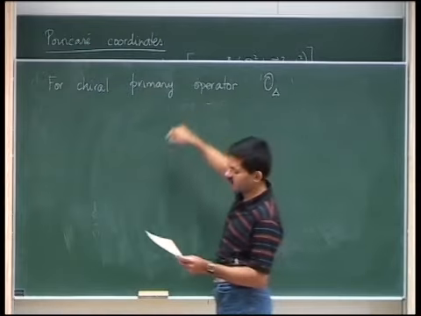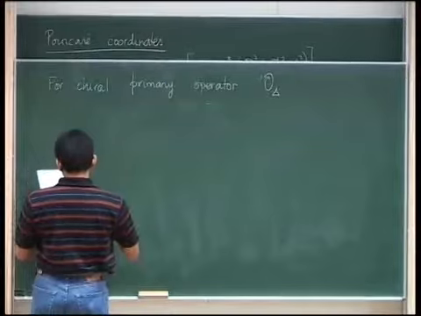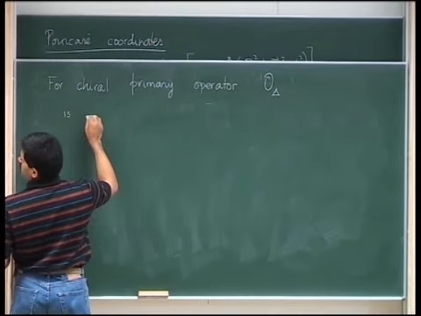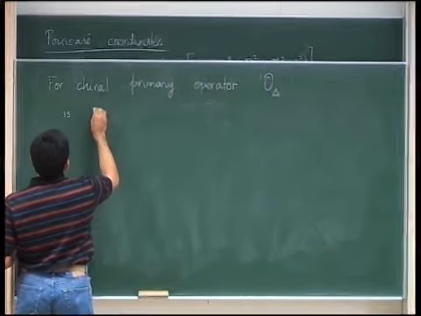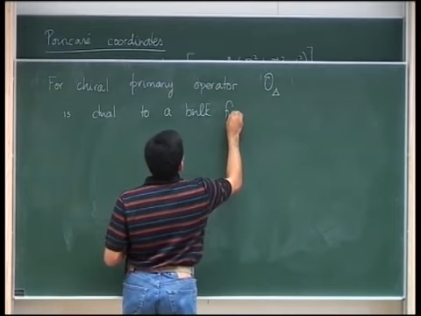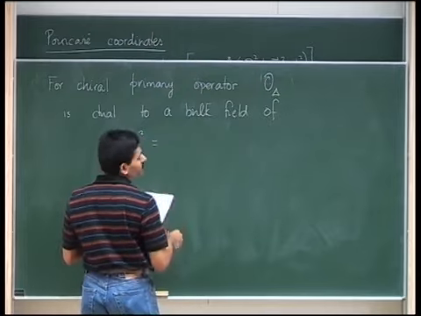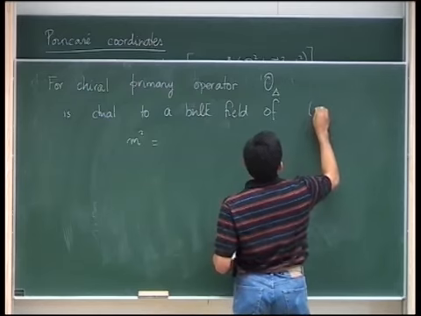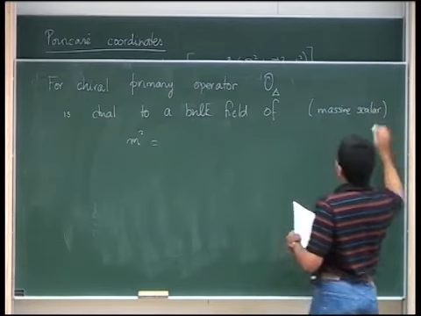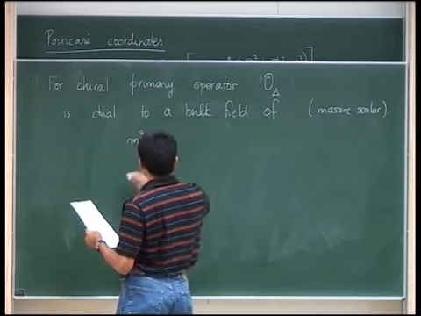So I'm going to worry about a chiral primary operator whose conformal dimension is delta, and this corresponds to a massive scalar field propagating in AdS5, and the mass squared is related to the conformal dimension as follows.